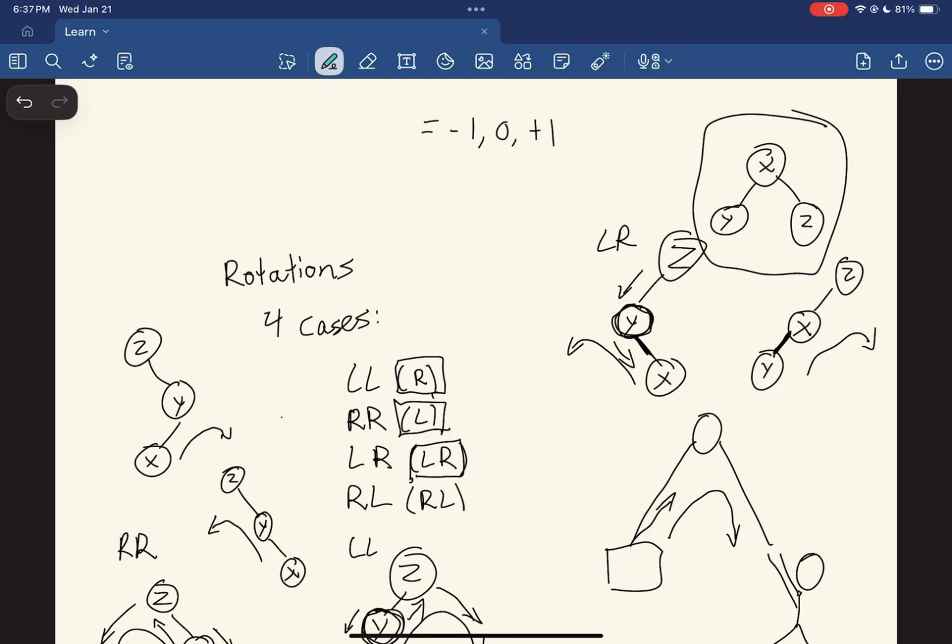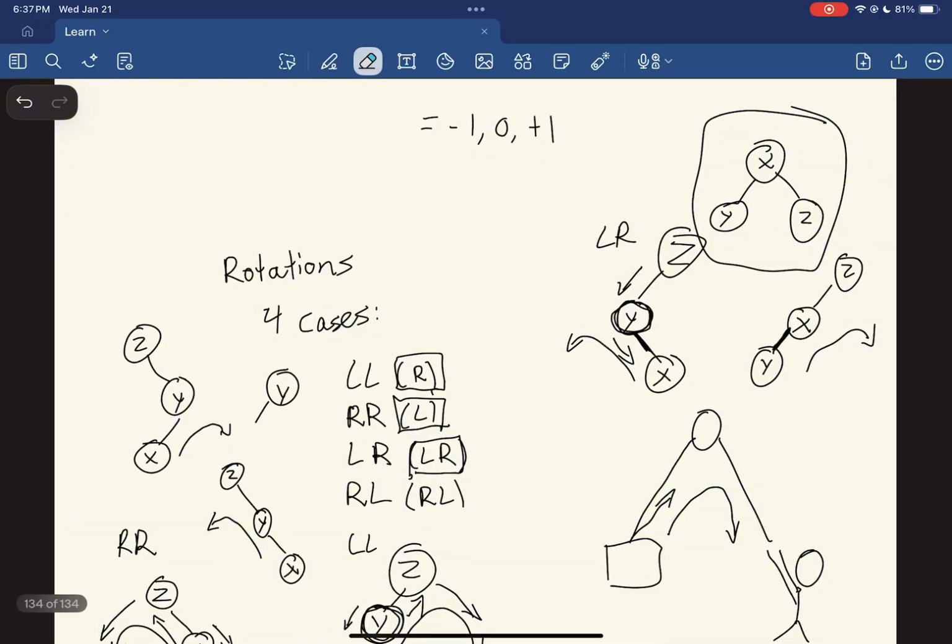So it becomes X on the top, Y on the right, Z on the left. Okay, so this is basically how the rotation works.